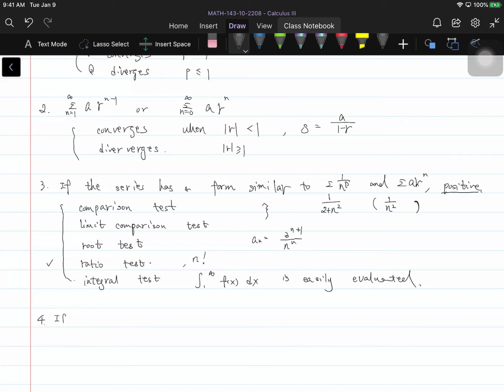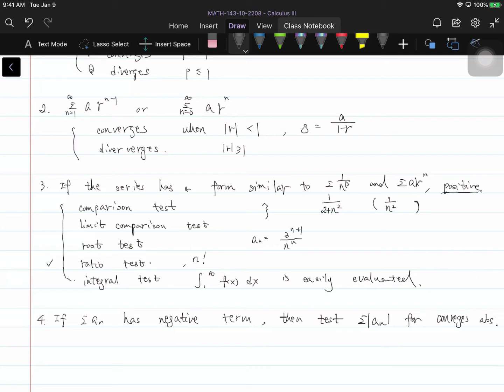If our series has negative terms, then we test the absolute values of a_n for convergence, that is, absolute convergence.